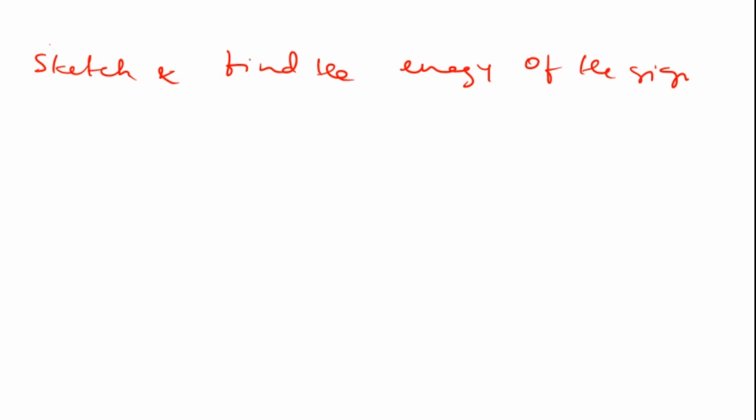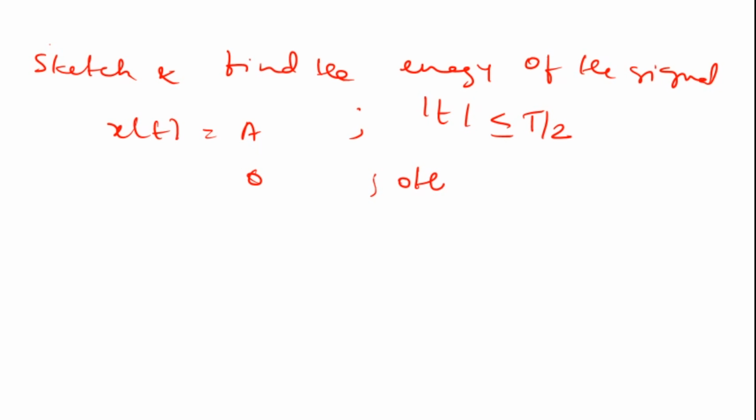Sketch and find the energy of the signal. x of t is equal to A, magnitude of t is less than or equal to T by 2, and 0 otherwise.